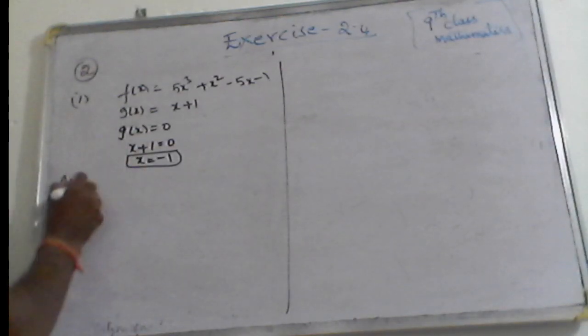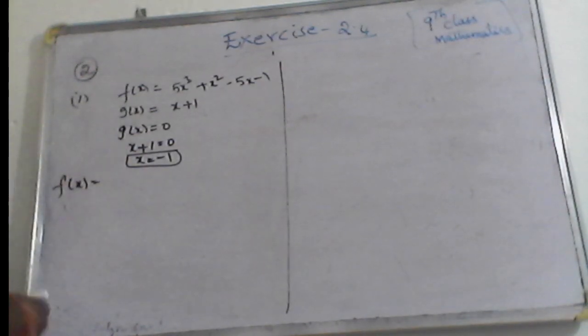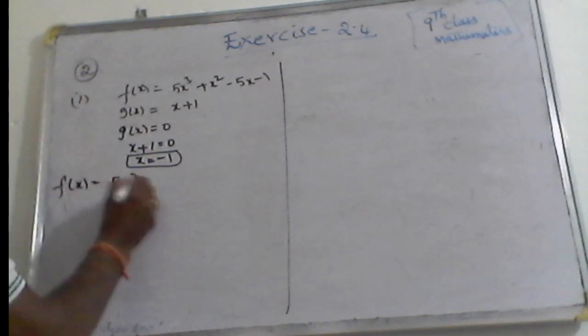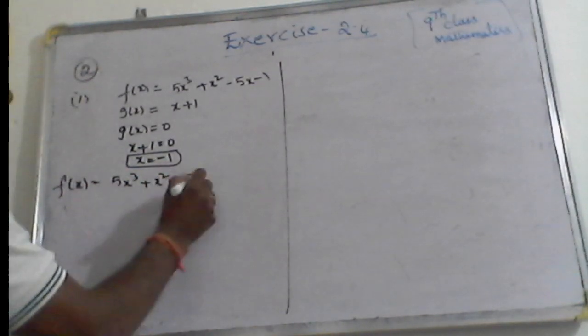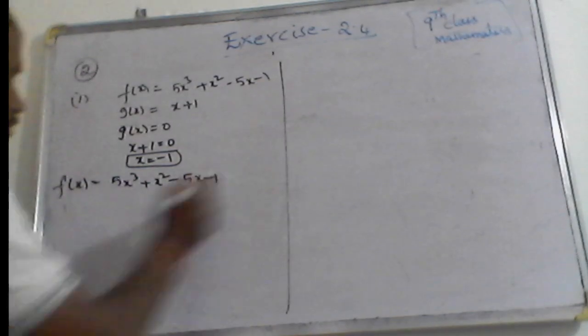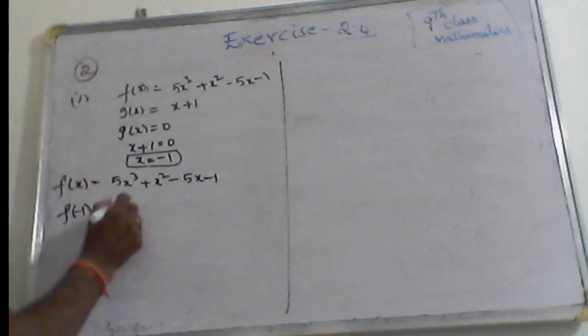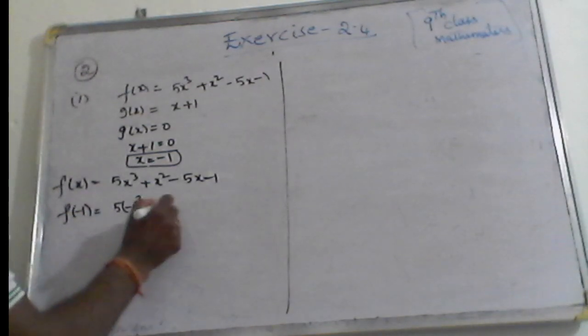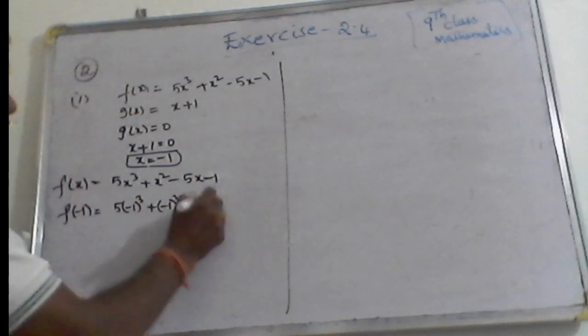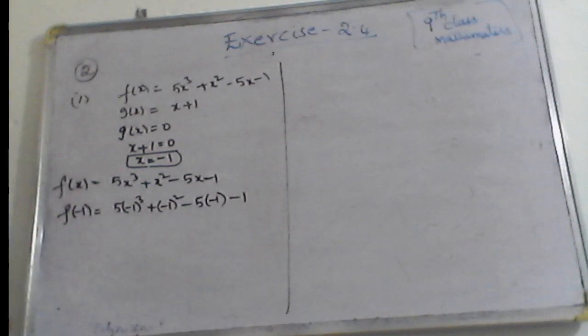So f of x equal to 5x cube plus x square minus 5x minus 1. So substitute this value. F of minus 1 equal to 5 into (minus 1) whole cube plus (minus 1) whole square minus 5 into minus 1 minus 1.